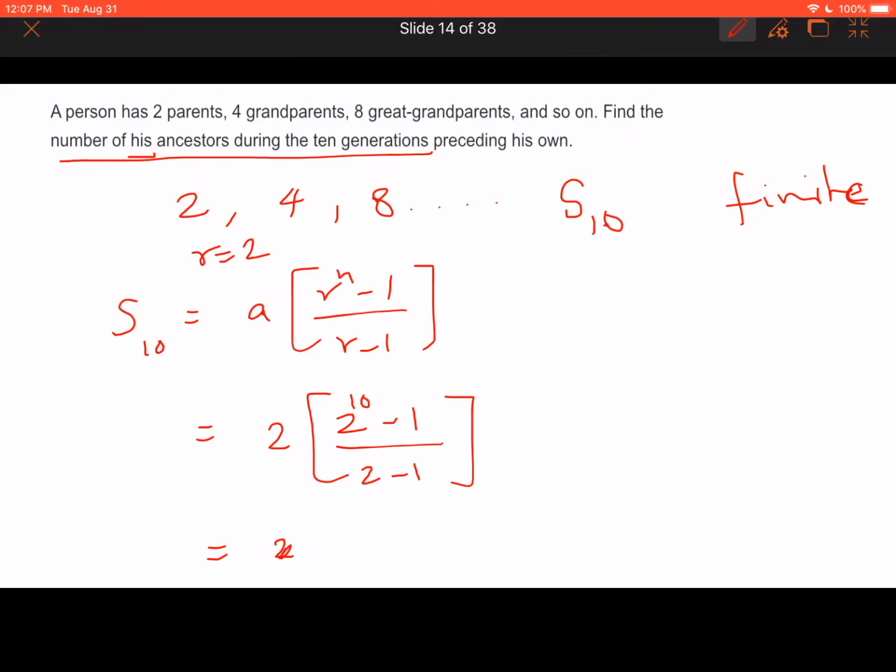Okay, just substitute the values, and you find 2 to the power 10, and we have to subtract 1, and do all those calculations. We will get the answer as 2046. Okay, that is going to be 2046 people during the 10 generations preceding his own.